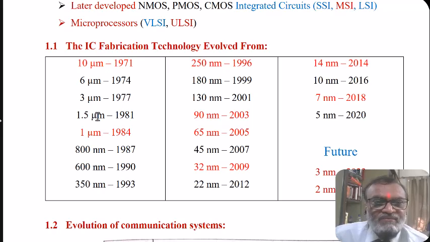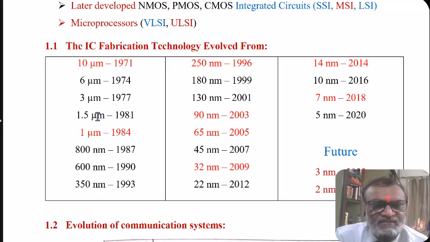In 1971, our technology had a limitation to miniaturize the devices on the chip. In 1971, the technology was 10 micrometer technology, which means that our technology is capable of fabricating devices as small as 10 micrometers in area.